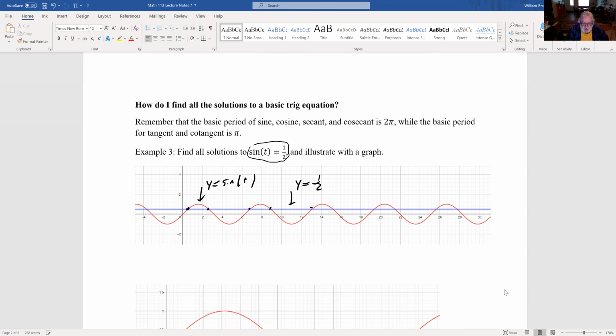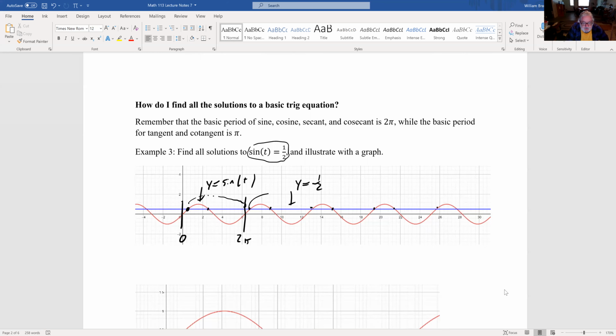There's infinitely many, and you can see by the repetition of it, sine is one cycle from 0 to 2 pi. So if I can find this point and add 2 pi to it, I should get that one.